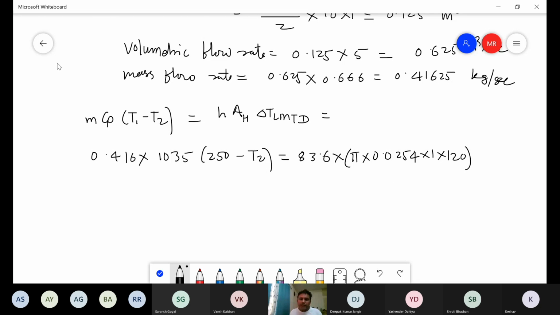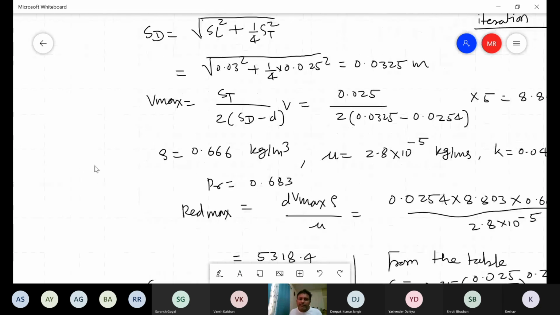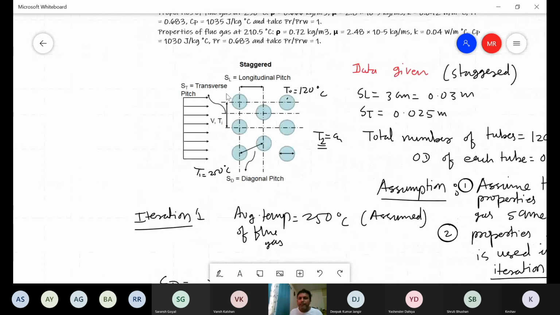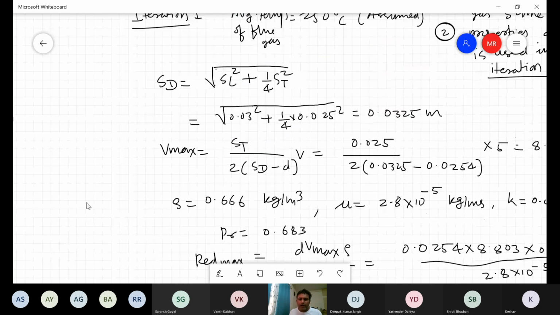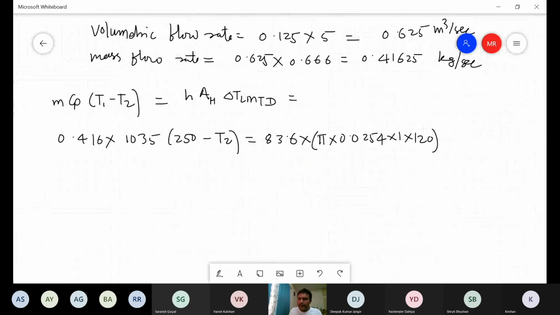If I look at the end here, at this location on the left hand side, the temperature difference is going to be 250 minus 120, whereas on the other side the temperature difference is going to be T2 minus 120, isn't it? So we can put it in finding the LMTD.